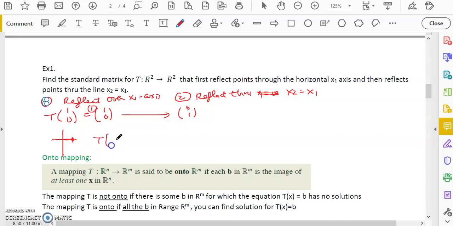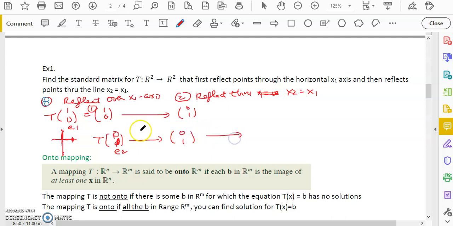And then we do T of e2. This is e1, and this is e2. If you reflect e2 through the horizontal axis, it's (0, 1), so it will be (0, -1), right?